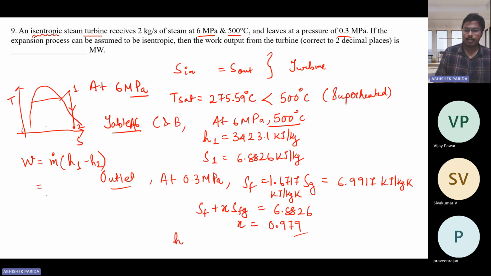Now h1 we know, how to calculate h2. H2 we have x now, so hf plus x into hfg. Take all these values from 300 kilopascal row. So I am getting 561.43 plus 0.979 into 2163.5.